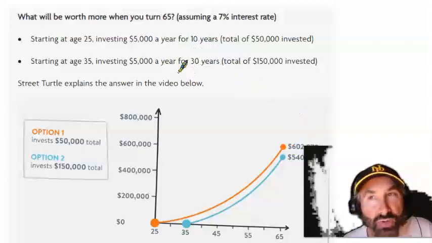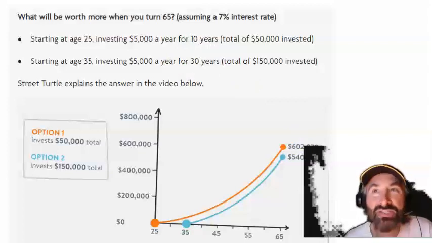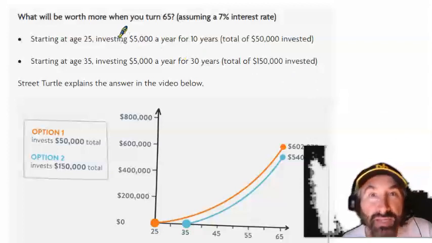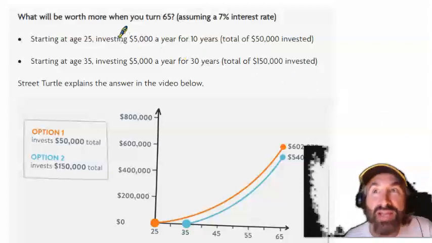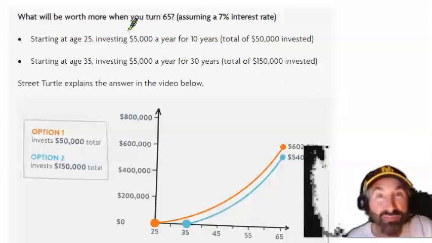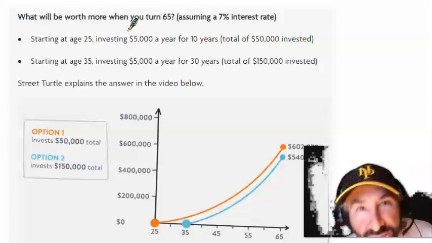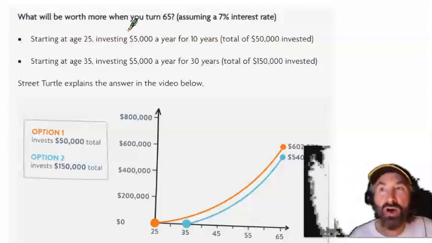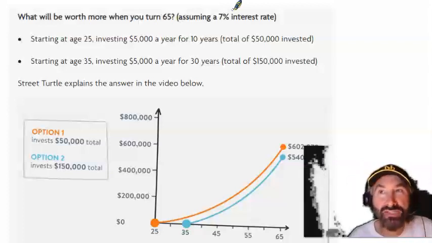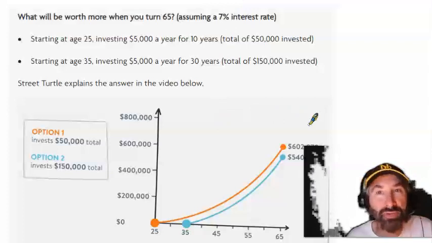And the thing that's kind of crazy is that the first option is where you end up getting the bigger return. But you only invest $5,000 a year for 10 years. But the thing is, you started earlier. And because of compound interest, that 7% interest rate, starting earlier made it so your money just turned into a lot bigger amount, okay?